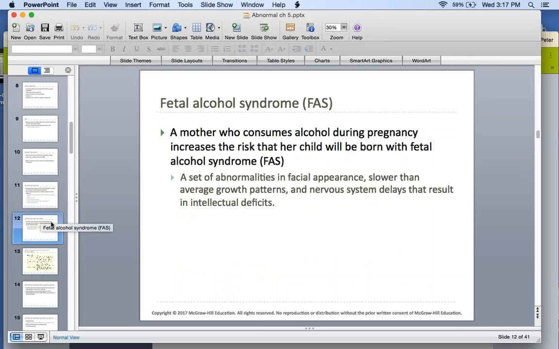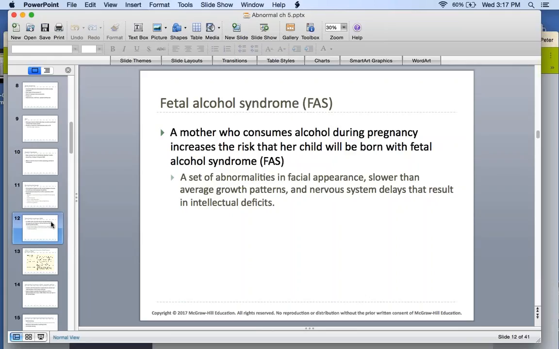So fetal alcohol syndrome is when a mother consumes alcohol during pregnancy, okay? But to be clear, it's when the mother consumes alcohol regularly and in high quantities, okay?